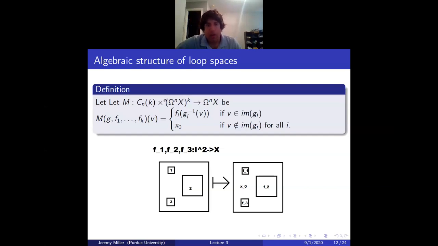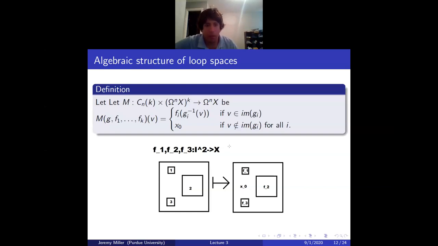And the question is, what is a space of ways of taking k different n-fold loops and getting one n-fold loop out? Too many things are called cubes here.